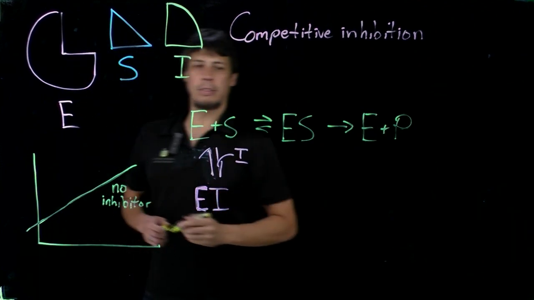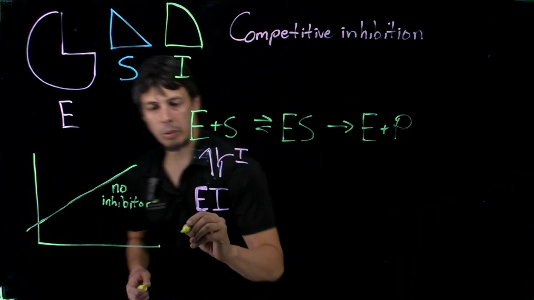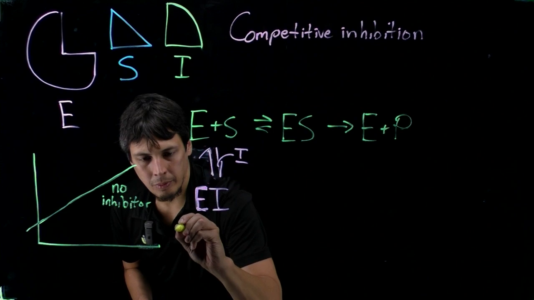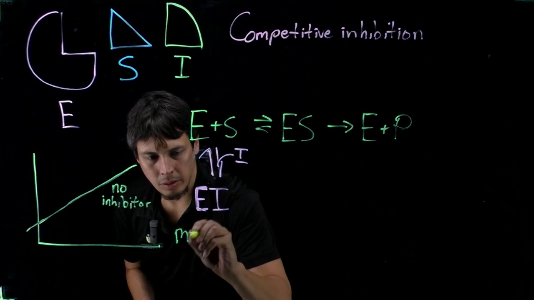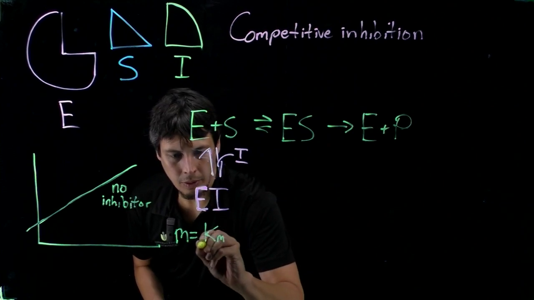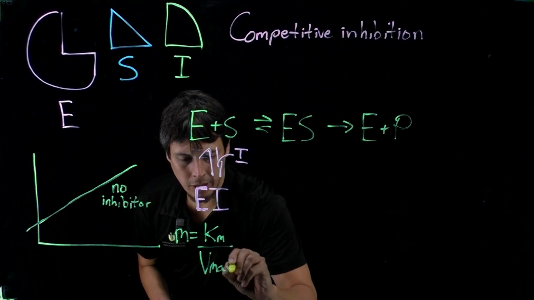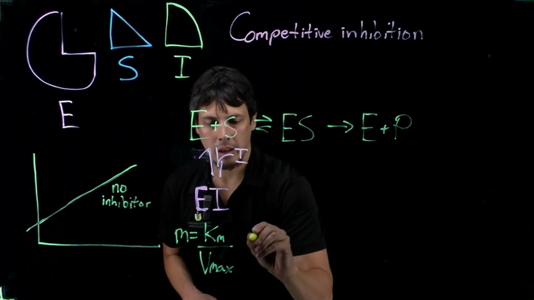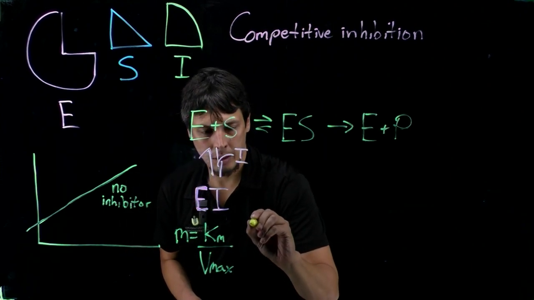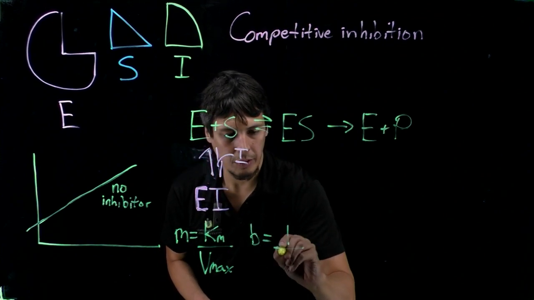If we remember our Lineweaver-Burk plot, we're going to have a slope which is equal to Km over Vmax, and we're going to have B, or the y-intercept, that's going to be equal to 1 over Vmax.